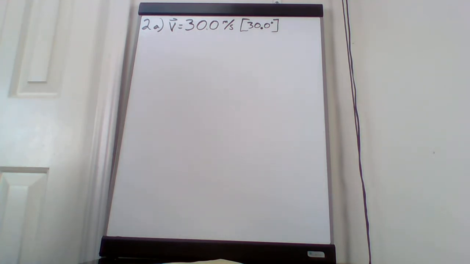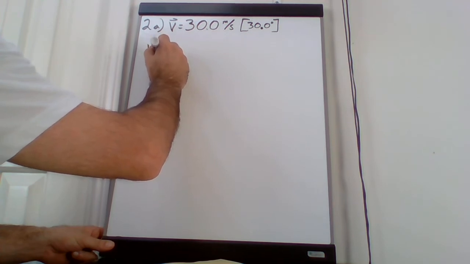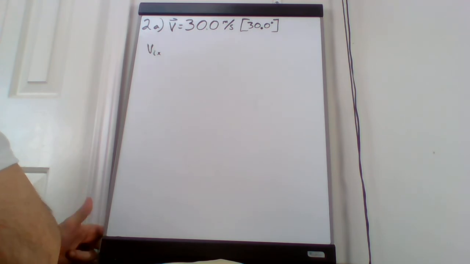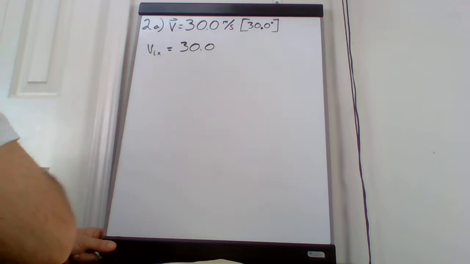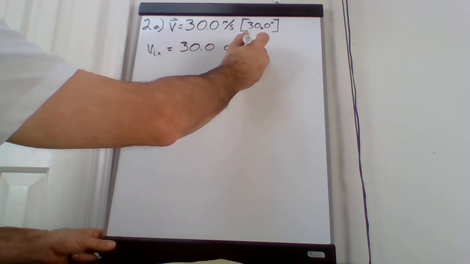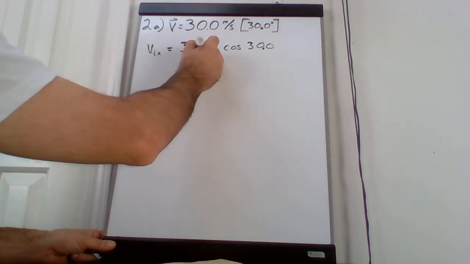So, first thing we're looking at here is this initial velocity. If I look at my Vix, that initial velocity in the x direction, I'm going to take my magnitude, my 30.0 meters per second, and multiply that by the cosine of the angle provided, which happens to be 30 degrees.